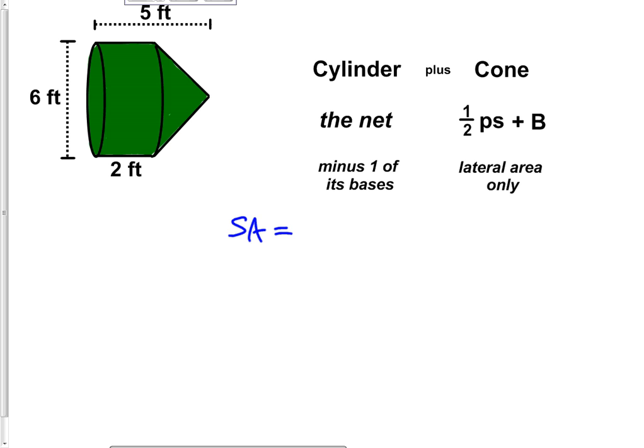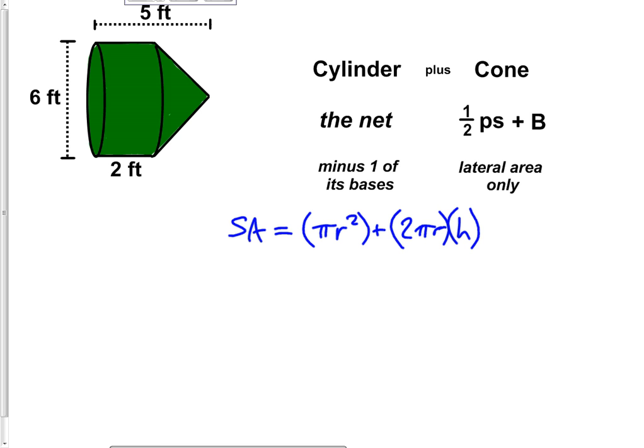Okay, so our surface area is going to look something like this. Our cylinder is going to have one circular base, pi r squared. And then it is also going to have a rectangle that's wrapped around this cylinder. And if you remember, the dimensions of the rectangle are the circumference of its base, which is 2 pi r, and then that is multiplied by the height of the rectangle, which is the height of the prism.